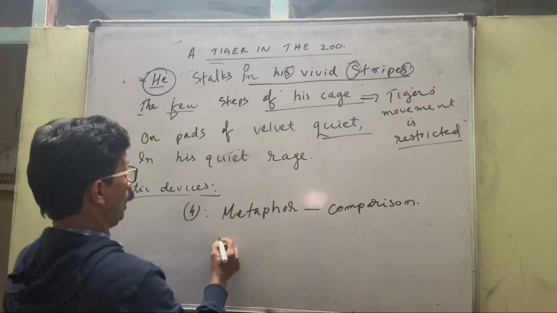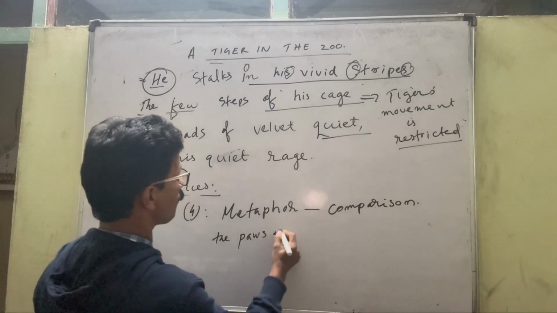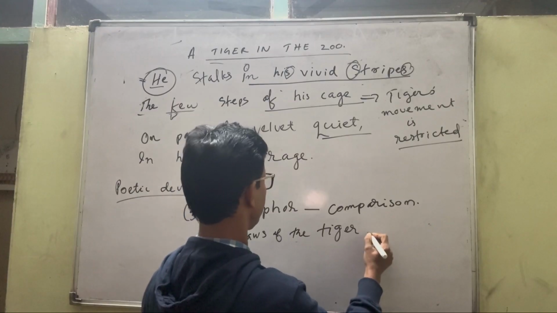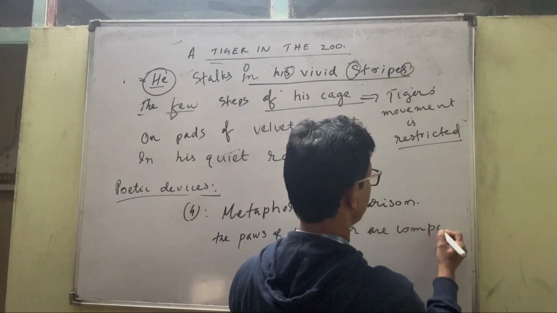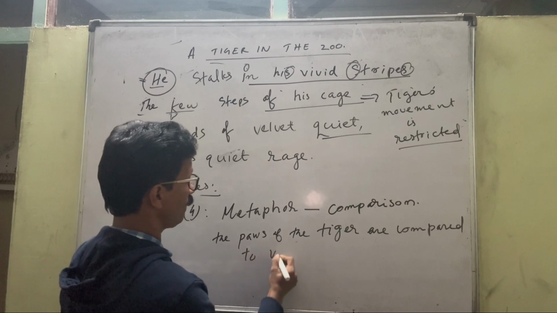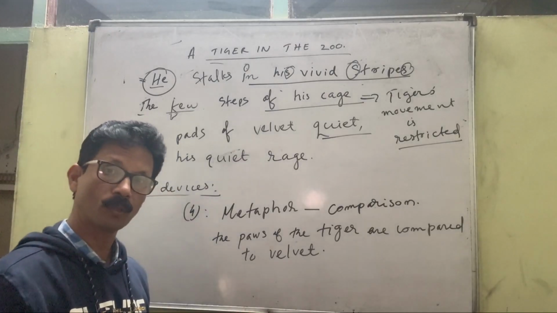The paws of the tiger are compared to velvet. Both are soft.